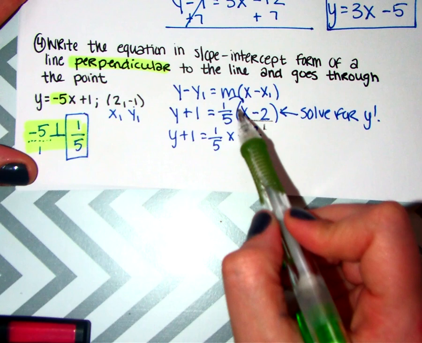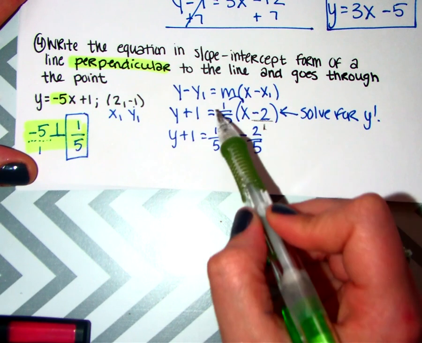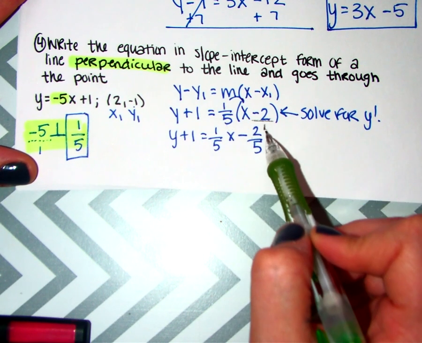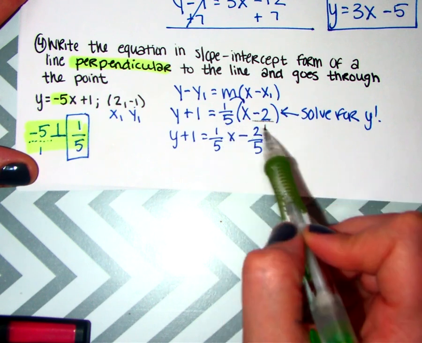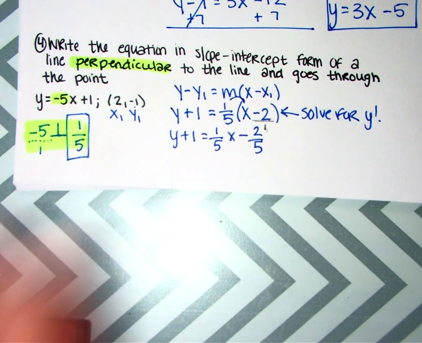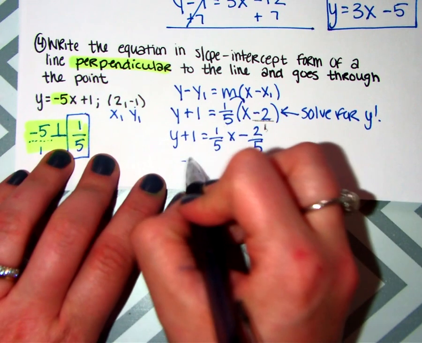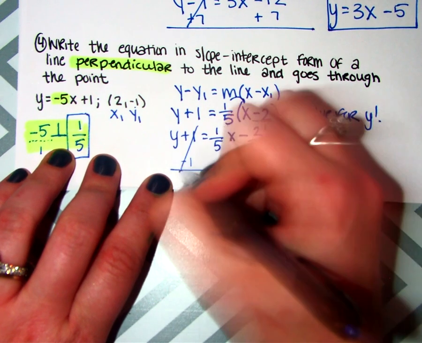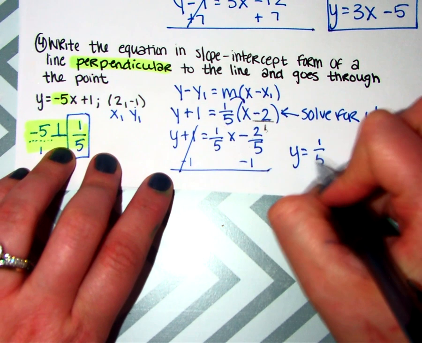So all you have to do is do numerator times numerator: 1 times -2, -2. Denominator times denominator: 5 times 1, 5. Once you get to here, you're still just solving for y, so I'm going to subtract 1 on both sides and get y equals, because these cancel, 1/5 x.